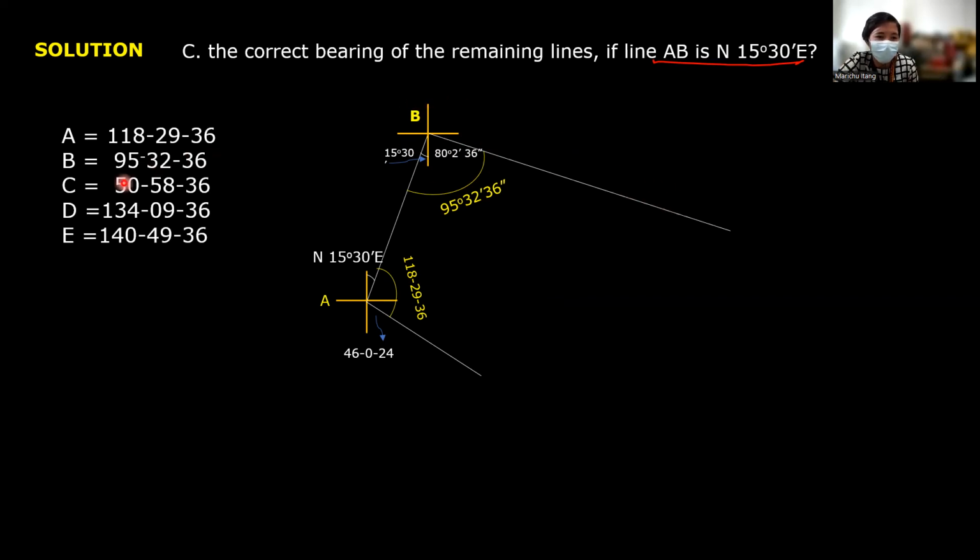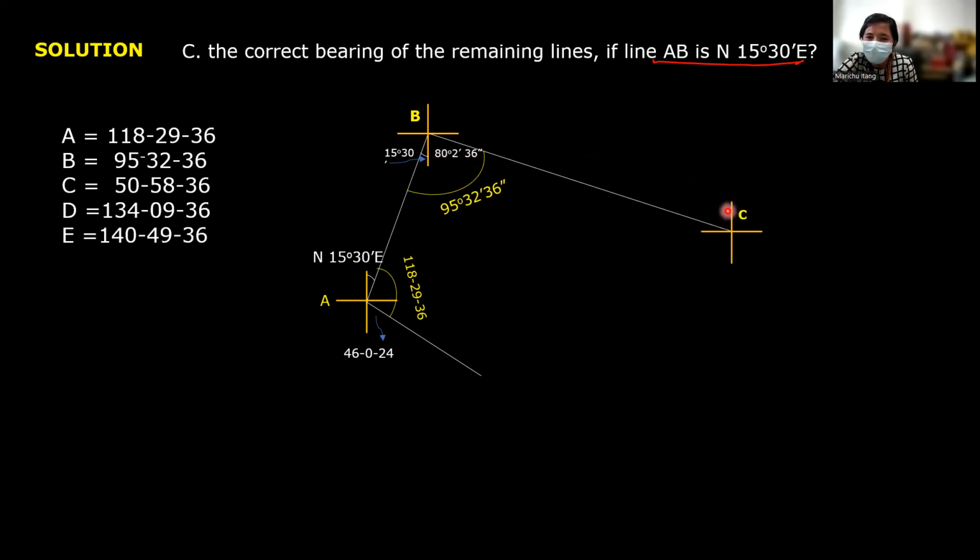Next, let's draw the next point here, which is our point C. If this is 80 degrees, 2 minutes, and 36 seconds from B to C, then if this is the forward bearing, this is the back bearing. So this angle here is equal to 80 degrees, 2 minutes, and 36 seconds, right?